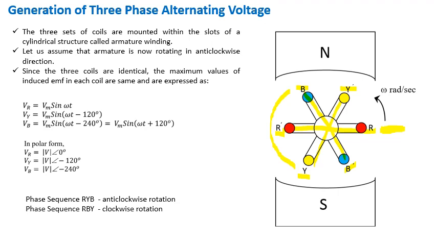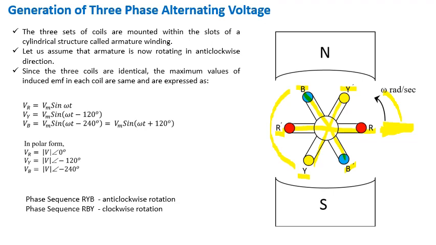So here the R conductor, the starting end of coil R dash, is perpendicular to the magnetic field, and therefore it will have zero EMF, and as soon as it starts rotating in anti-clockwise direction, EMF will be induced in the R dash coil.